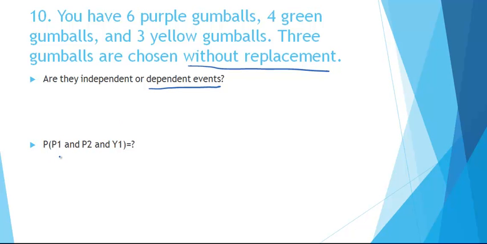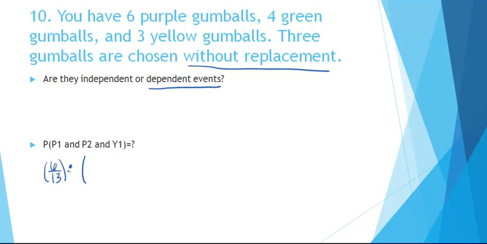Here it's asking us to find the probability of pulling a purple and then another purple and a yellow. And means we multiply here, and the probability of the first purple is 6 out of 13.